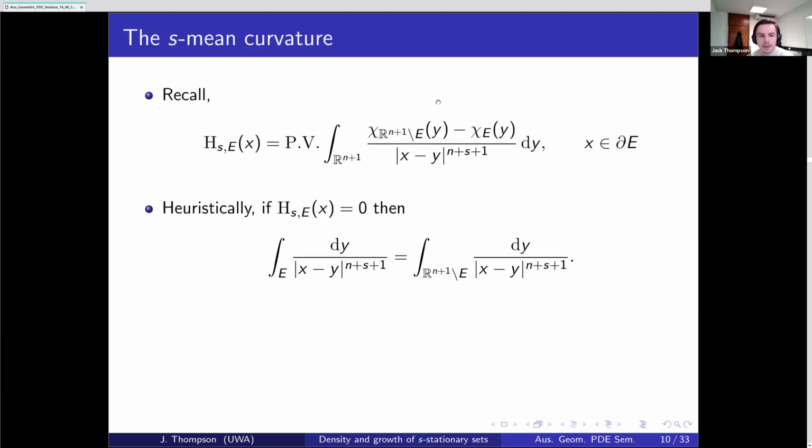Now, just some comments on the S mean curvature. You see it's this weighted integral.